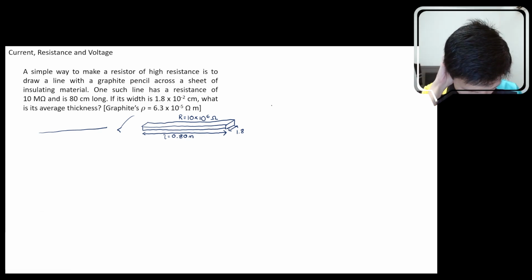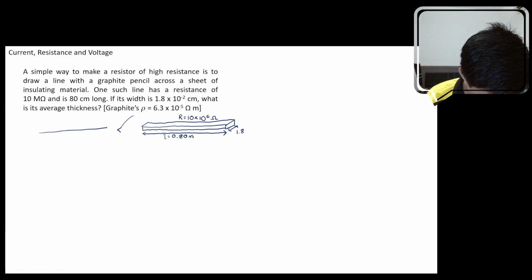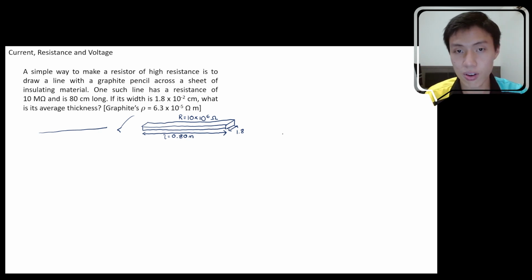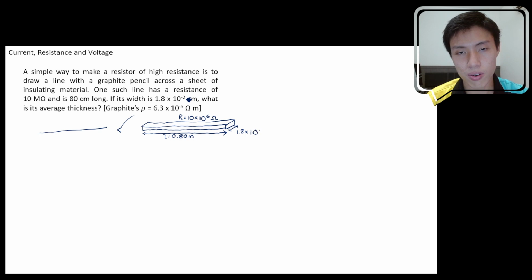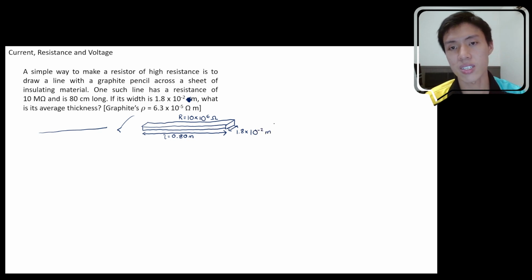Let me double check. Yeah, you have to convert it. So let's change the question to meter. It's not quite reasonable why they put cm but still put the exponent. So 1.8 times 10 to the power negative 2 meter. Let's just keep it simple that way.